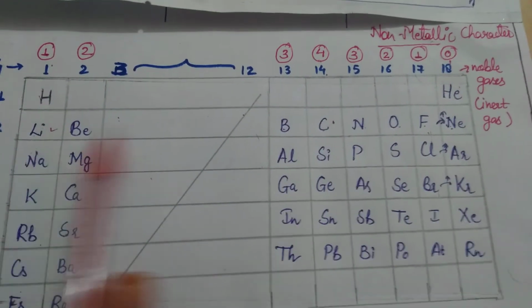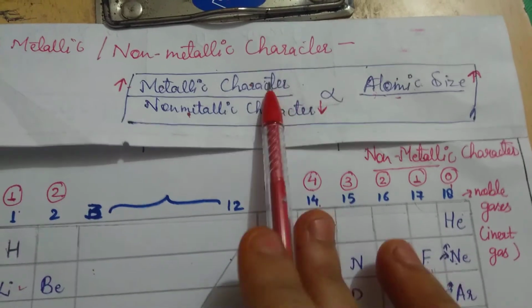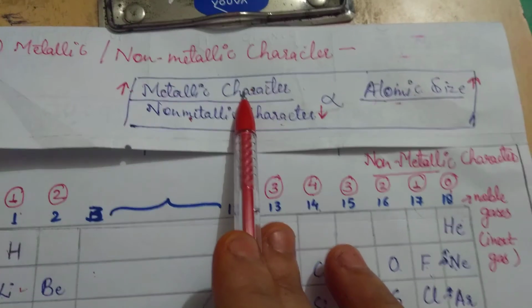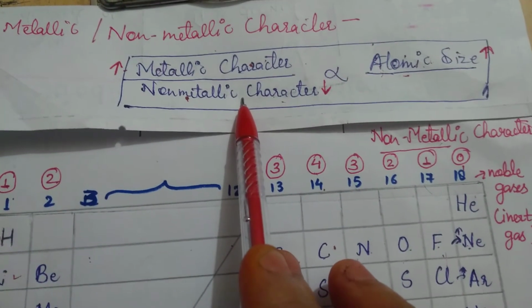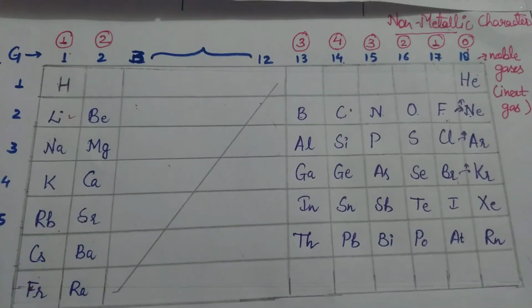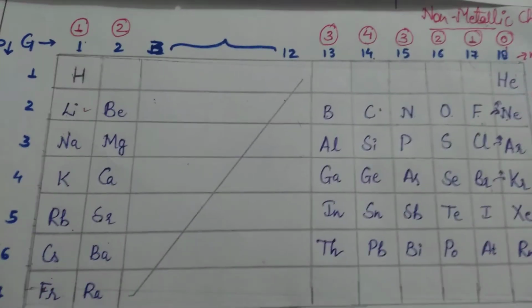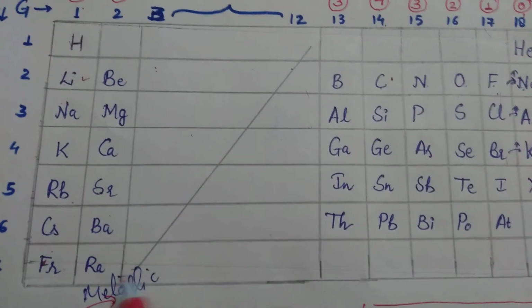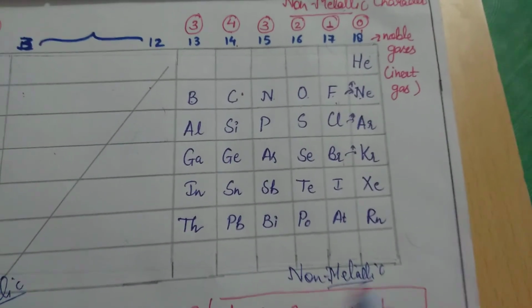If size from lithium to fluorine is decreasing, metallic character is decreasing, because metallic character and size are proportional. If metallic character decreases, the opposite character will definitely increase, that is, non-metallic character. So we come to a rough conclusion that the elements on the left-hand side are usually metallic, and the elements on the right-hand side are usually non-metallic. I hope this property of metallic character in a period is clear.